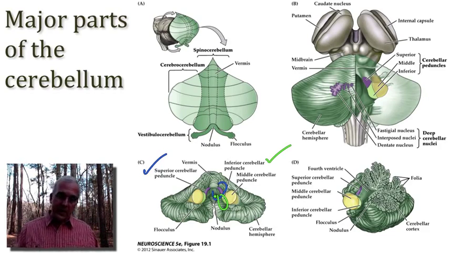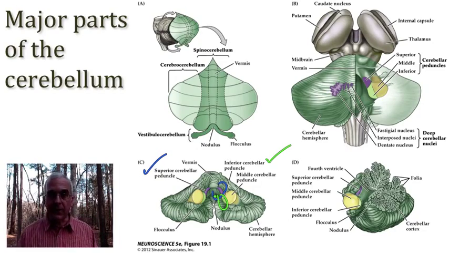It is dominated, I think, by inputs that are going into the cerebellum, mainly from the spinal cord, but there are also connections that are going into the cerebellum from the brainstem via this peduncle, and there are efferent signals coming out of the cerebellum through the inferior peduncle. So we'll have more to say about this when we talk about the inputs and outputs of the cerebellar circuits.